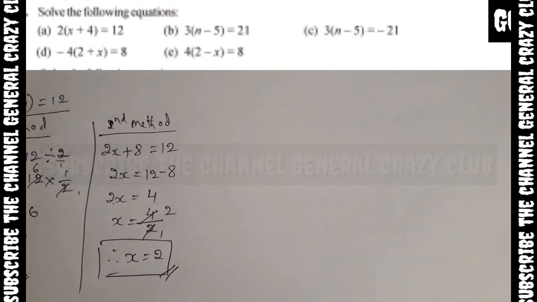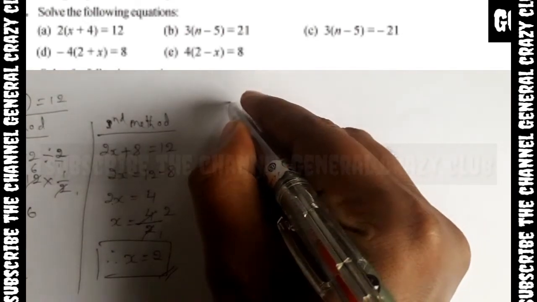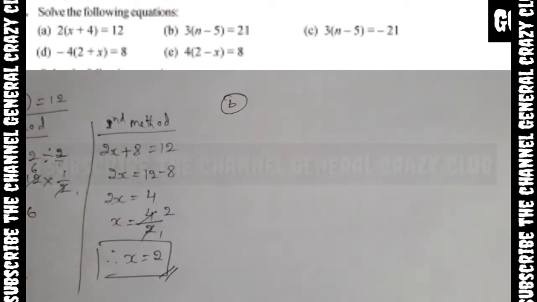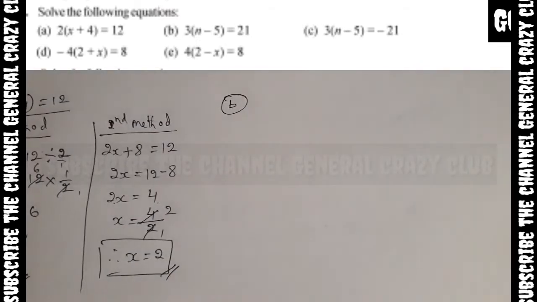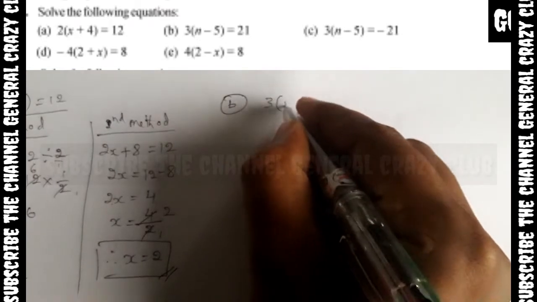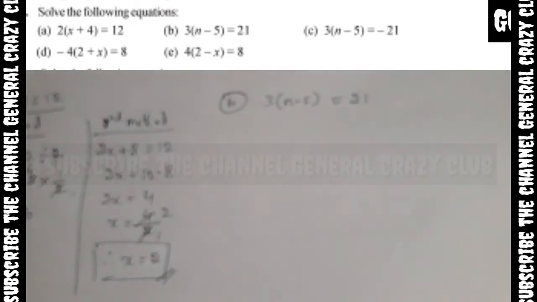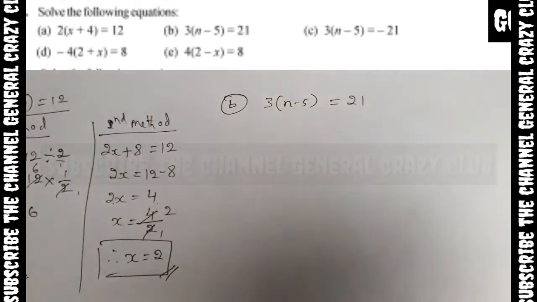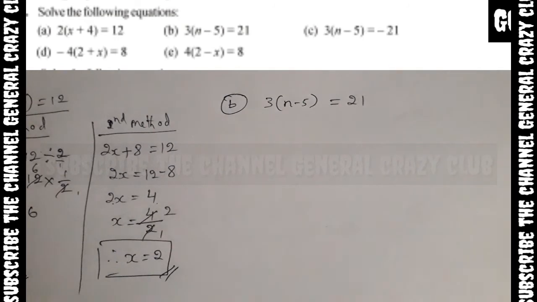In that second one, B: 3n minus 5 equal to 21. 3n minus 5 equal to 21.